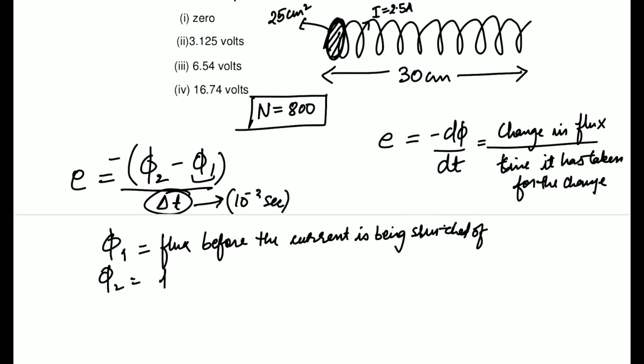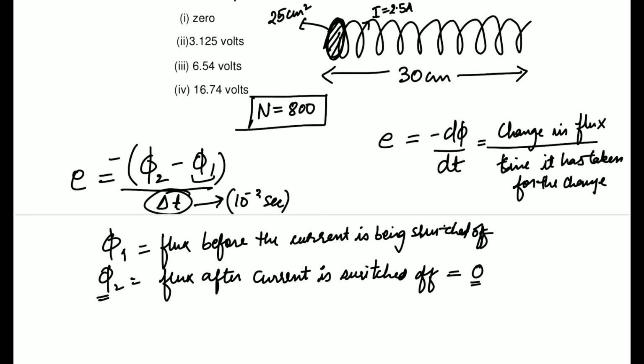Phi 2 is the flux after the current is switched off. So obviously phi 2 value will come out to be 0, right? Because when the current is switched off, the magnetic field, which is given as mu naught N i, depends upon the current. If the current is gone, the magnetic field will not be there. If the magnetic field is not there, then flux will not be there, right?